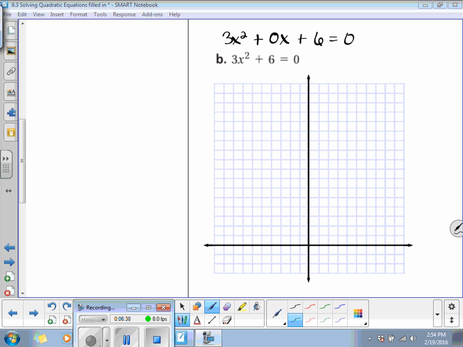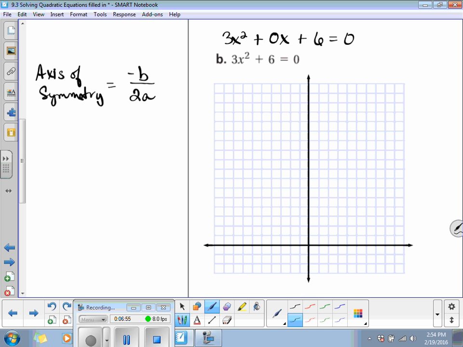So the first step is to find the axis of symmetry. So finding the axis of symmetry, we're going to use our formula, -b over 2a, right? Well, our b is 0, right?